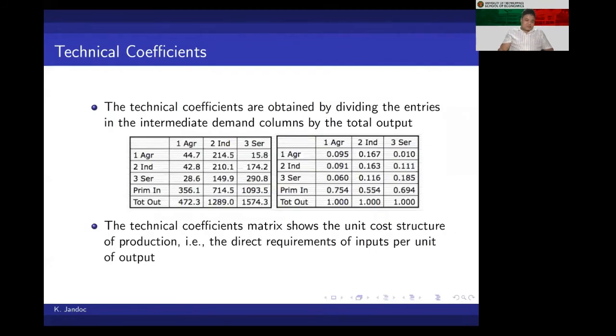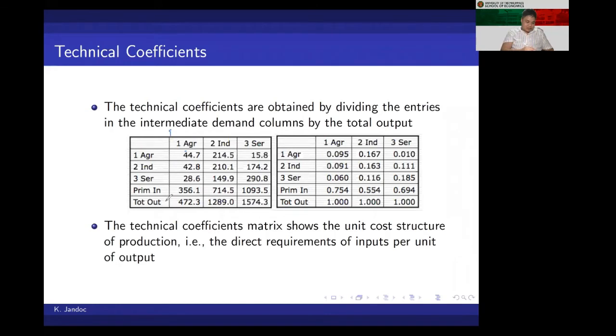Now, based from the input output table, we can compute for the technical coefficients. Now, the technical coefficients are obtained by dividing the column values to total output. Okay, so in this case, this is the same as we had earlier. So these are the different values in the table.